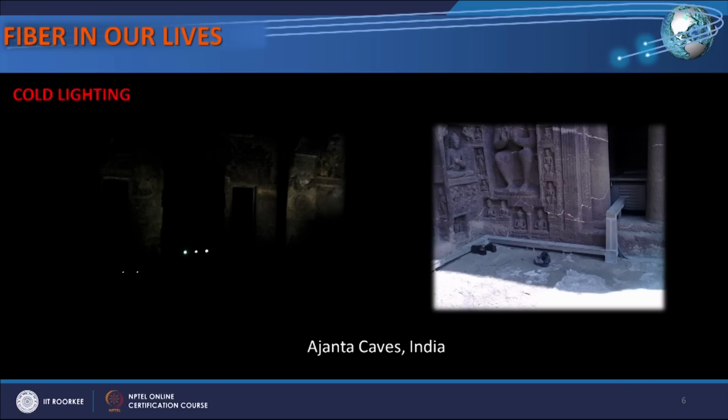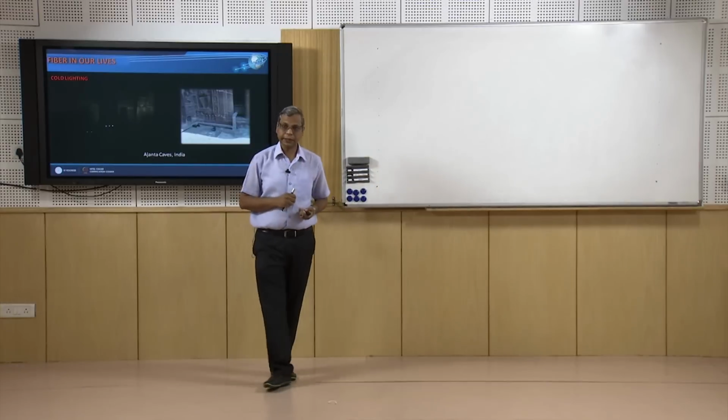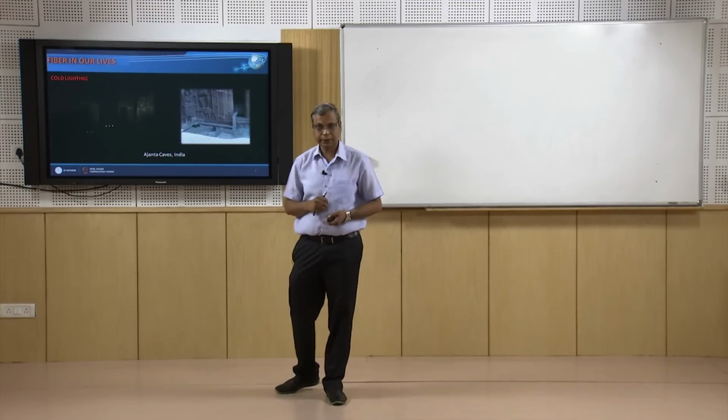You can see the blazing light coming out of fiber bundles and the whole structure is illuminated. In this way, you can only transport light through optical fibers but not the heat. So your artworks are protected.